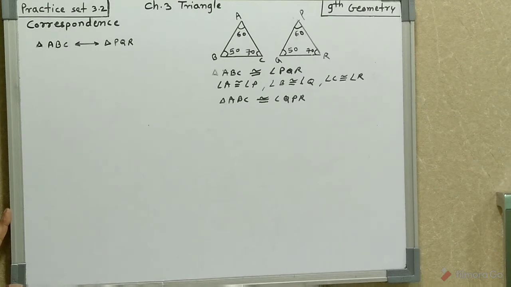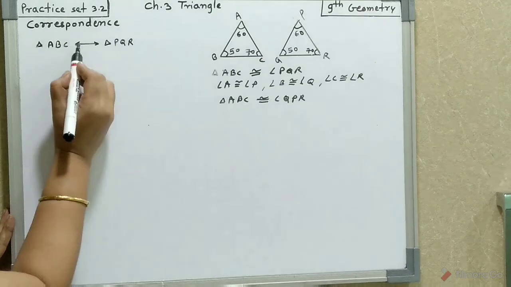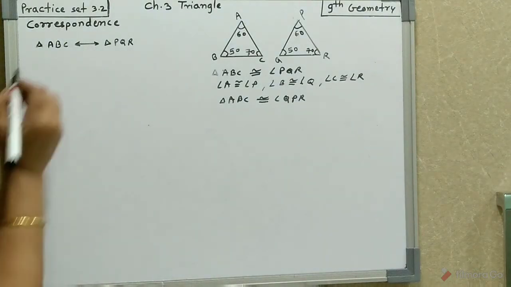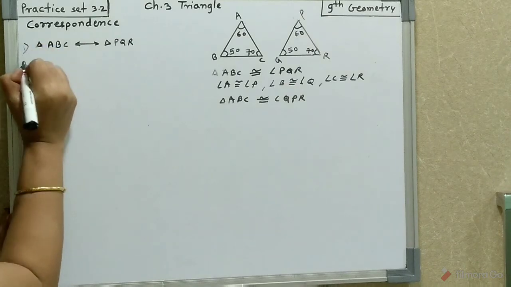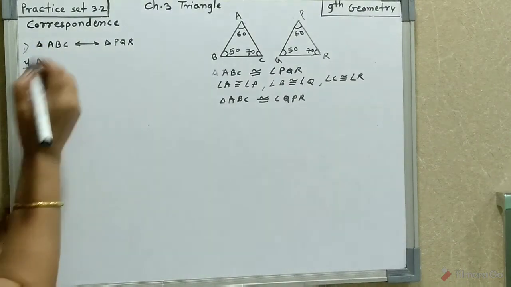Now we see the 6 types of correspondence. So what are the 6 types of correspondence? First I write here triangle ABC corresponds to triangle PQR. This is the sign of correspondence. This is the first type. Second type, that is first the letter B we take first.